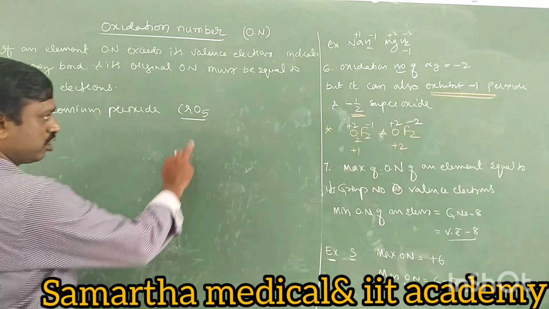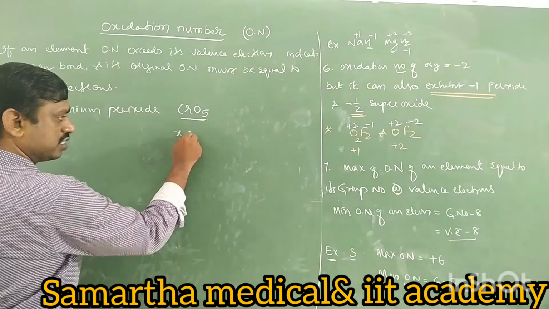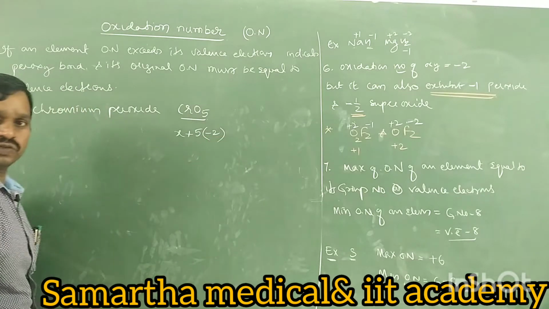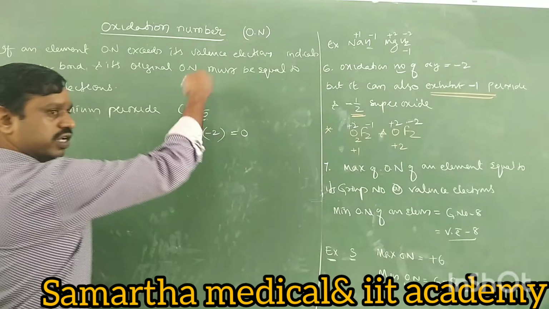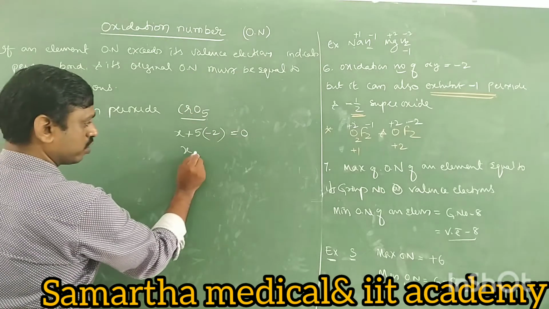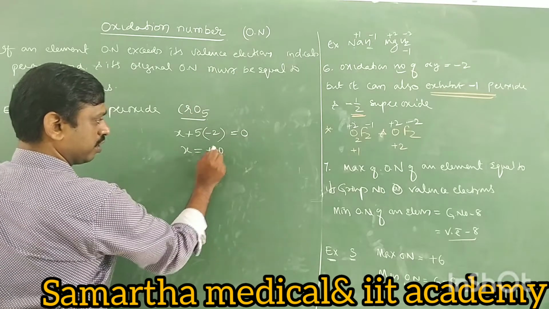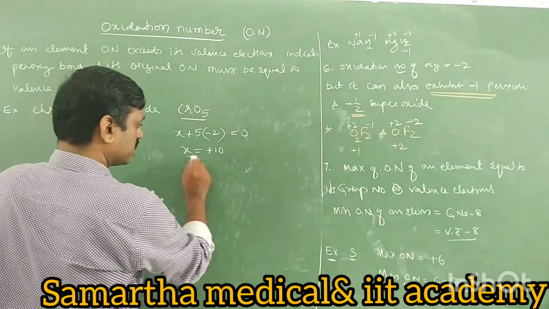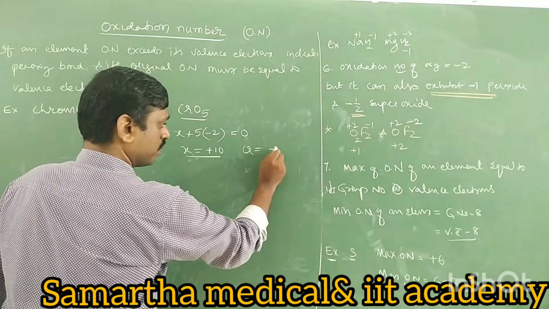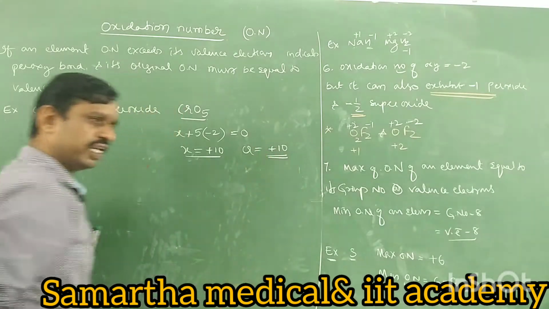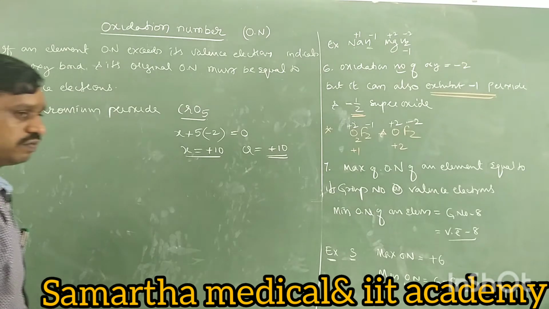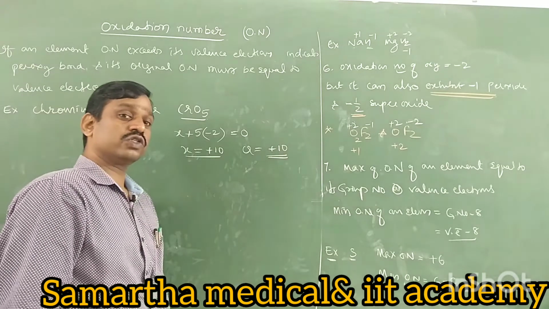If you calculate the oxidation number of Cr, Cr is X, there are 5 oxygen, 5 into oxygen is minus 2, the total oxidation number is 0, then X equals plus 10, because 5 twos are 10, minus 10, transfer this side, plus 10. X equals plus 10, that means chromium is plus 10. But tell me, is it possible for chromium to be plus 10? Why? What is the group number of chromium?